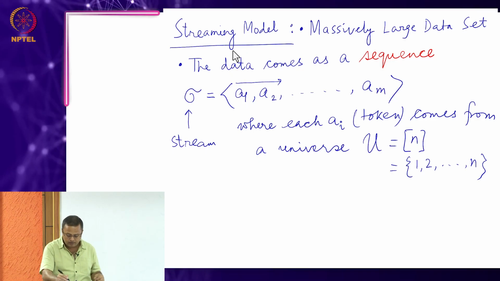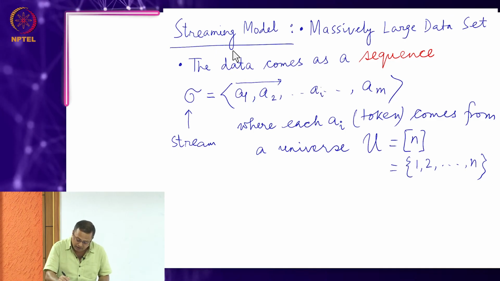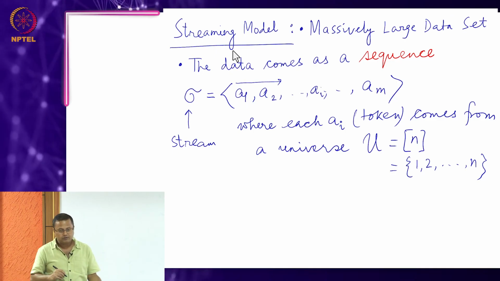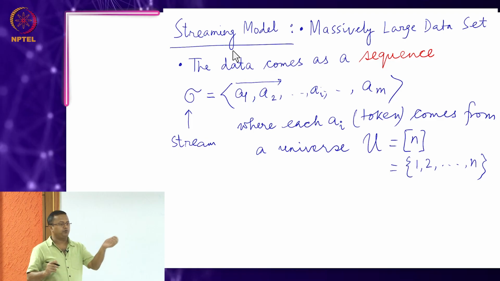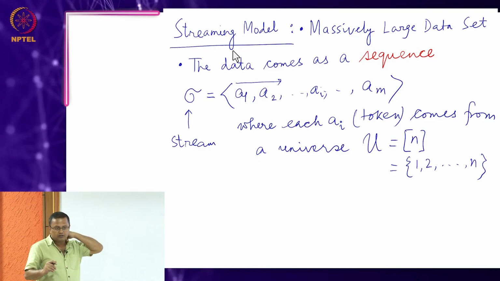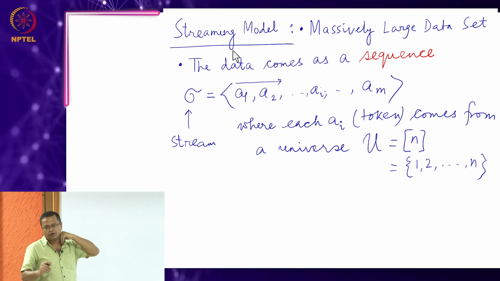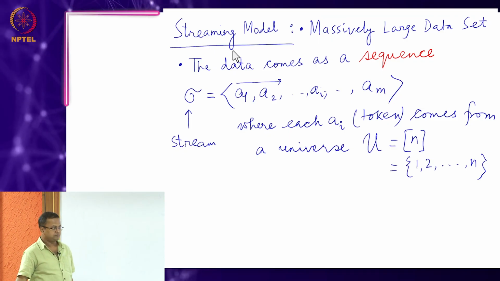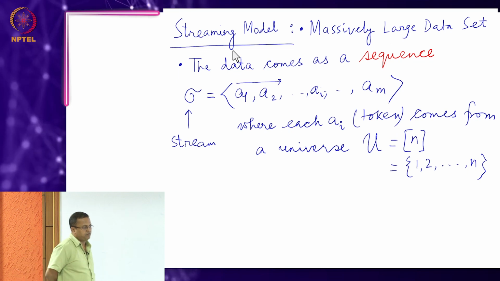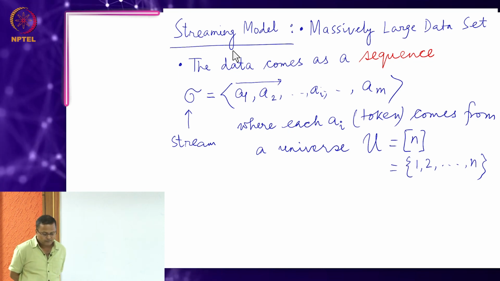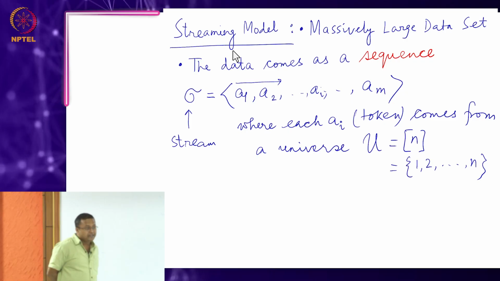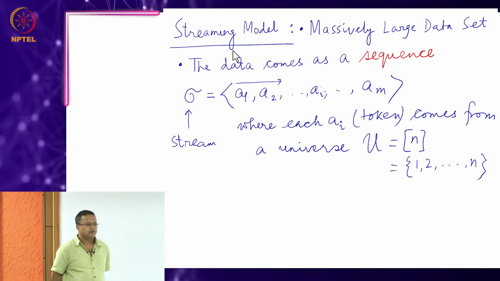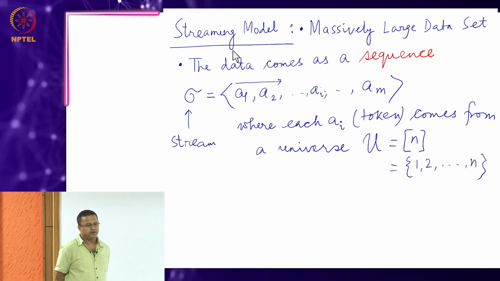and each element in this string takes a value between 1 and n. That is the universe to which each token belongs. Now, reading this data in sequence actually makes your life very difficult.